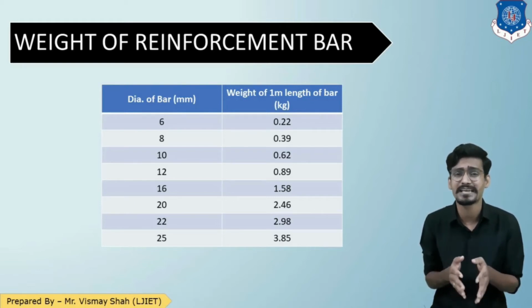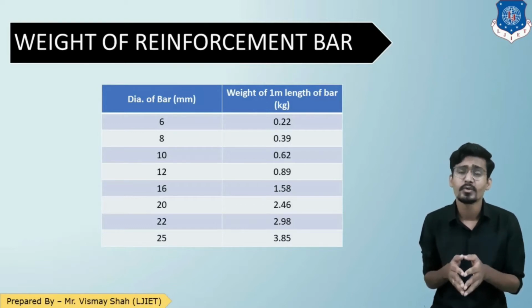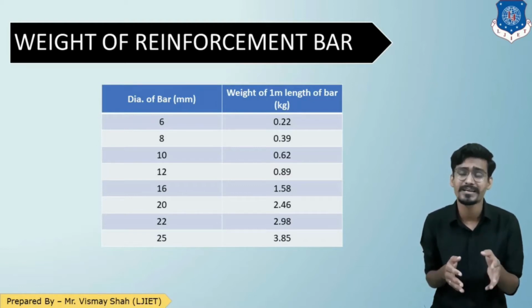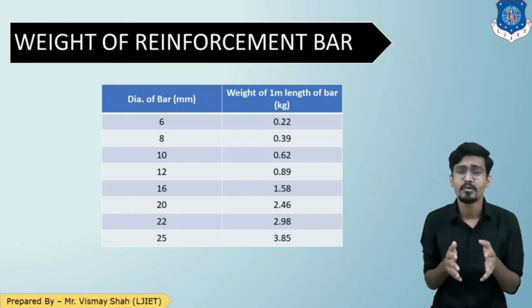For example, for 6 mm it is 0.22, for 16 we have just learned it is 1.58, for 12 mm it is 0.89, and so on. You can use d square by 162 whenever you are calculating a numerical, or you can directly remember these values to speed up the quantity calculation. Let's move forward to our next fundamental.